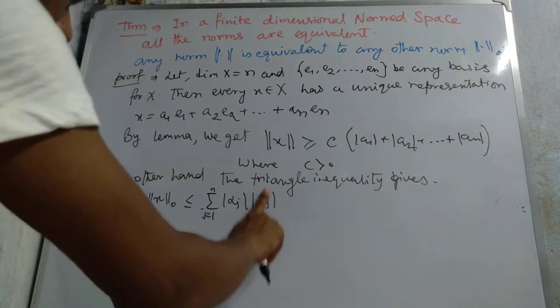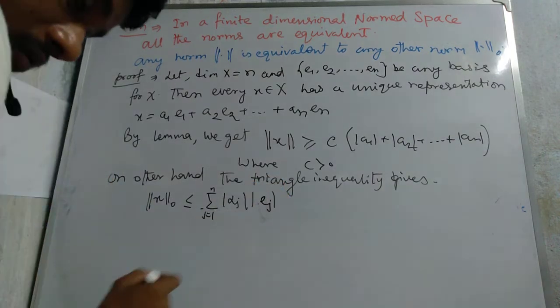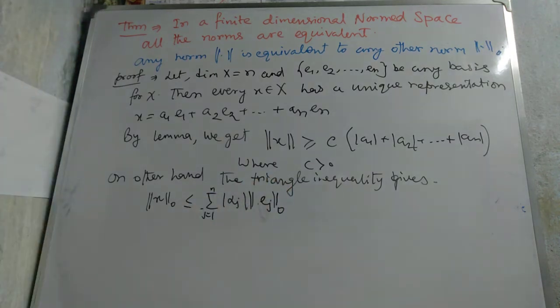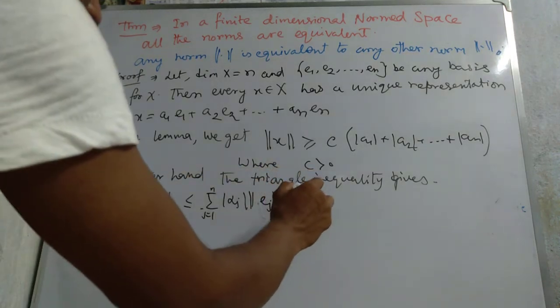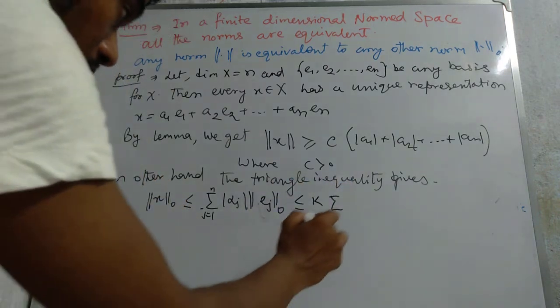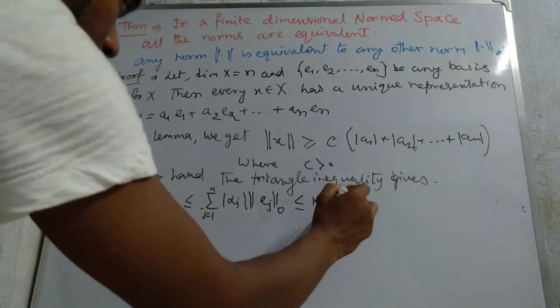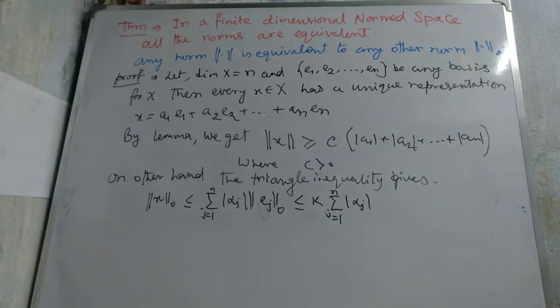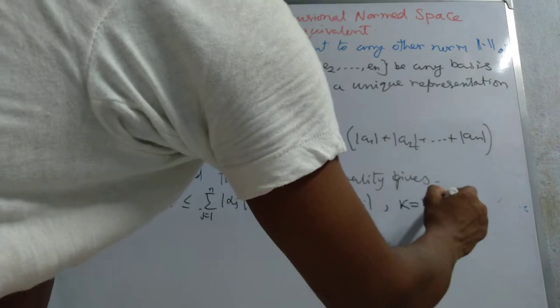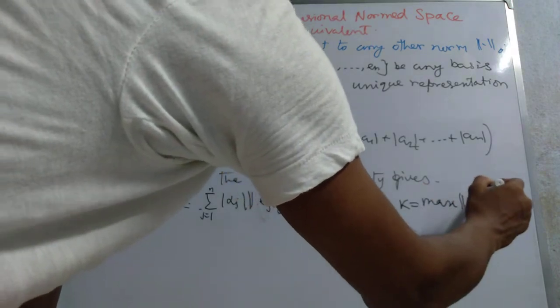This is less than or equal to k times the summation j equal to 1 to n of alpha j, where k equals the maximum of norm of ej.